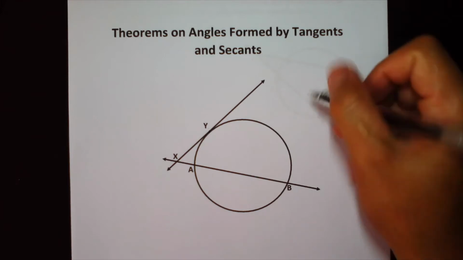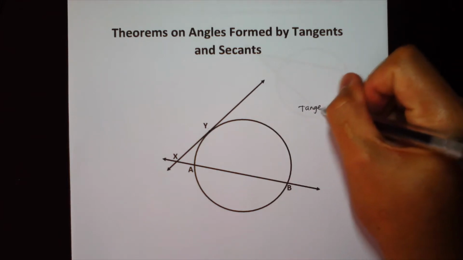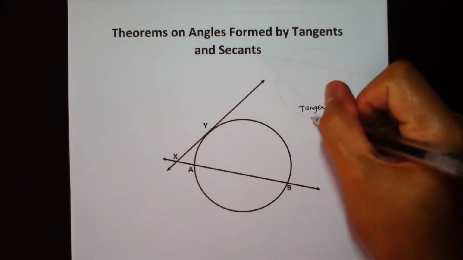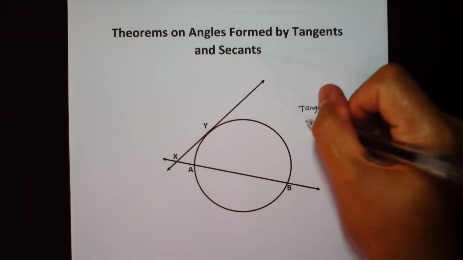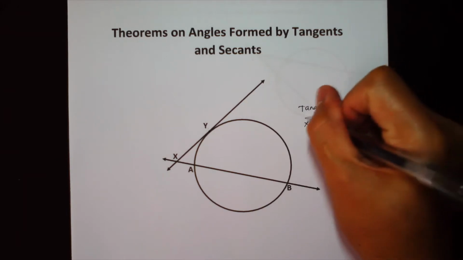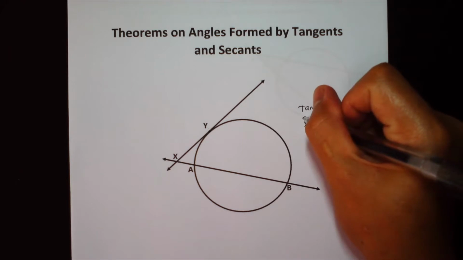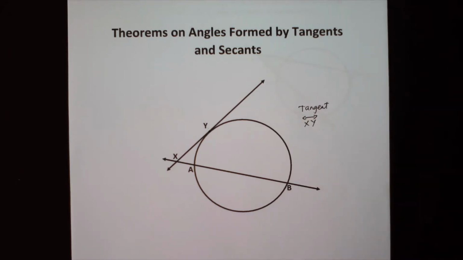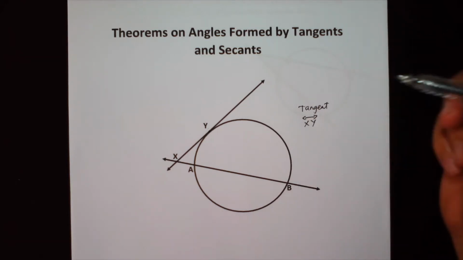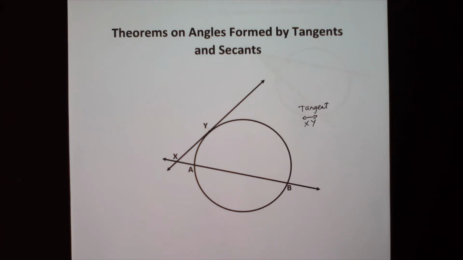So this tangent is line XY. Remember the symbol that I've been using, because you must always remember those symbols to be able to indicate that it's a line.